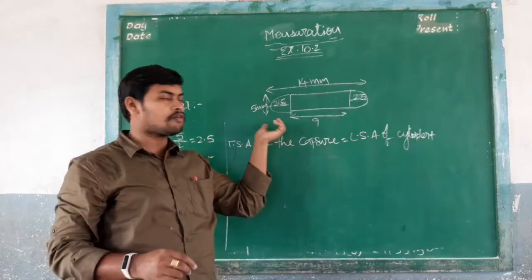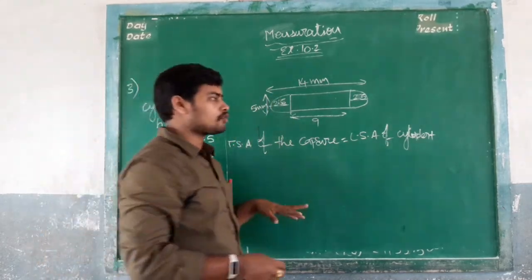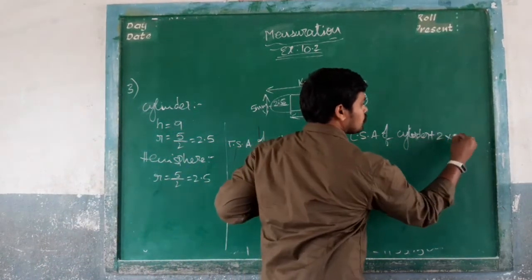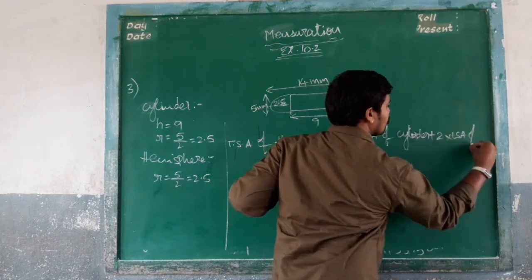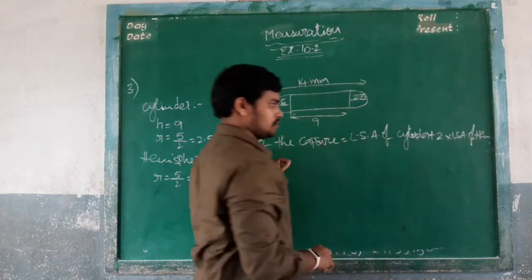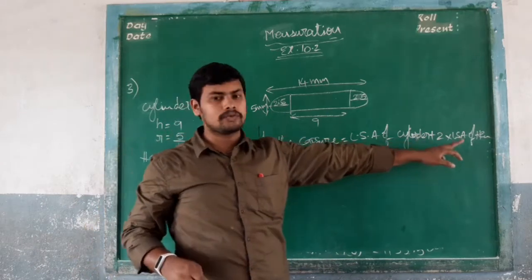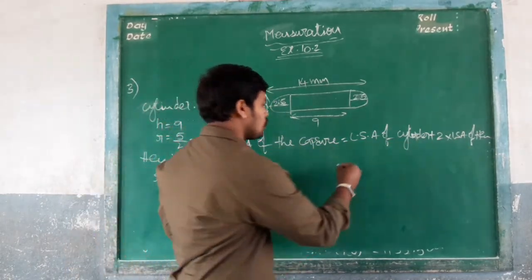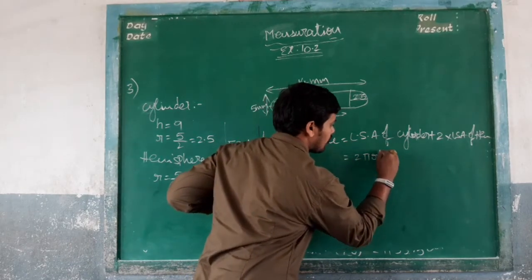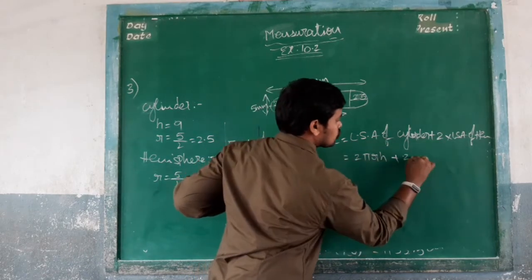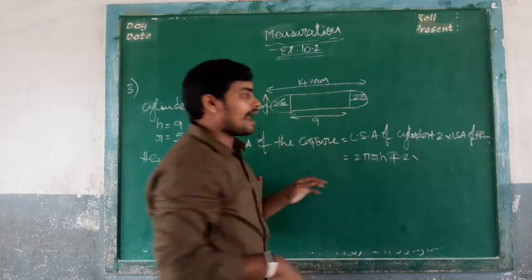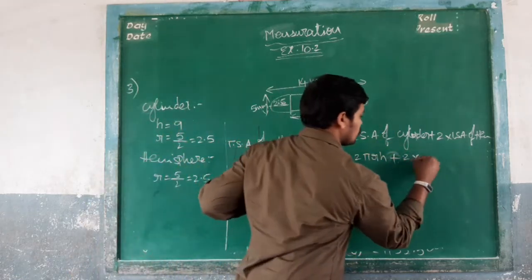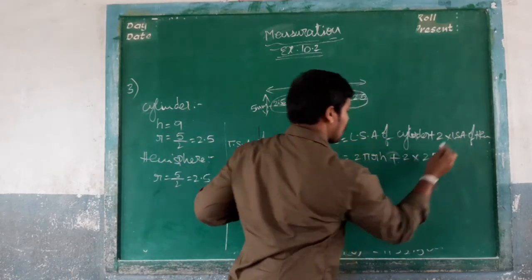Two hemispheres have the same lateral surface area, so I have to write it like this: 2 into the lateral surface area of the hemisphere. The lateral surface area of the cylinder formula is 2πrh. The lateral surface area of the hemisphere is 2πr², and there are 2 of them.